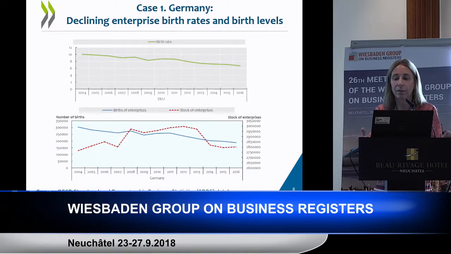And this is really simple and obvious. So we have, for instance, the first case of Germany, where there is a declining enterprise birth rate and at the same time a declining level of births over time.